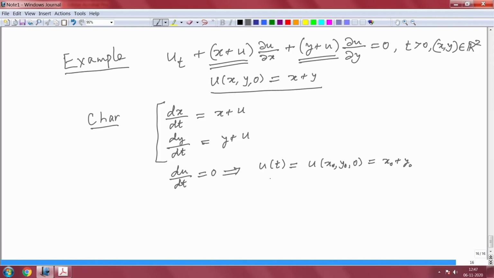So, plugging in this extra information we got in these two equations and integrate them. It is very easy to do that.